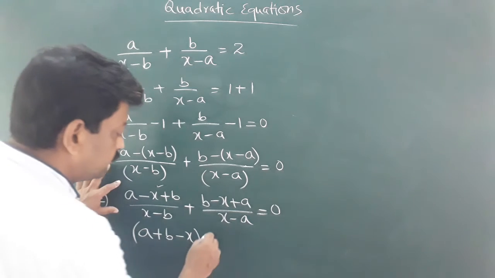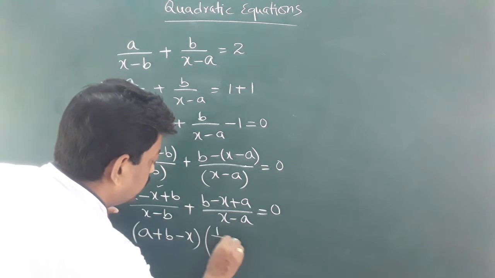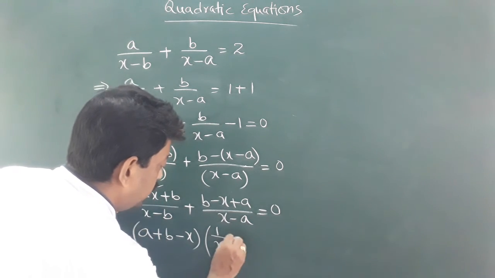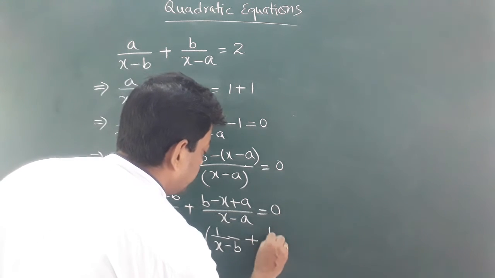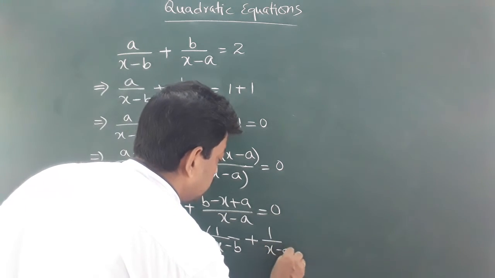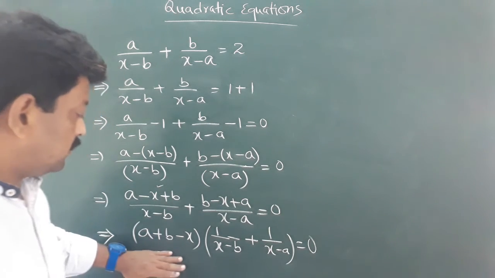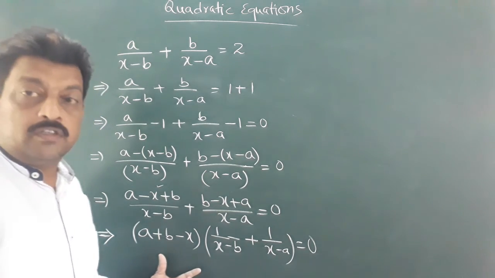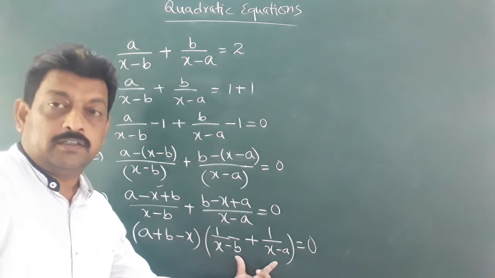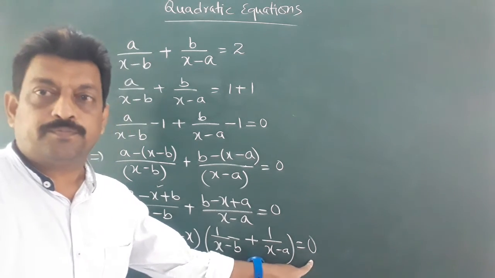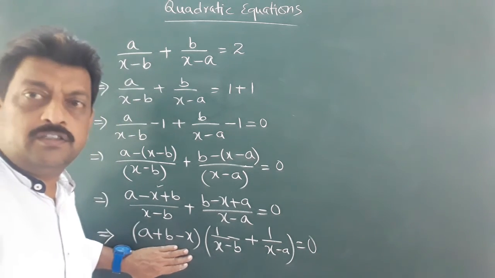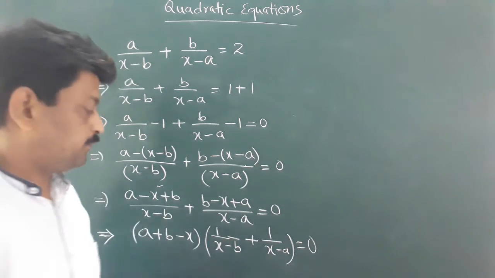So what will happen? The first one will become 1 upon x minus b, and the second one will become 1 upon x minus a. As you can see, the given quadratic equation is now in the form of a product of two factors and their product is 0. So either the first factor is 0 or the second factor is 0.